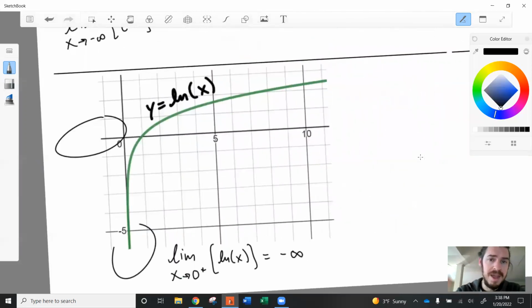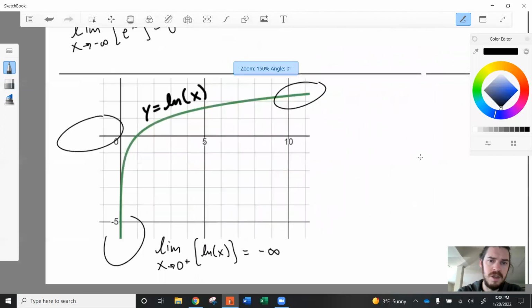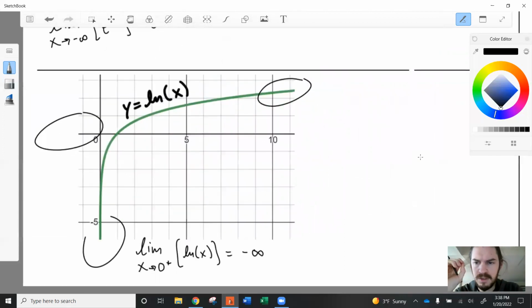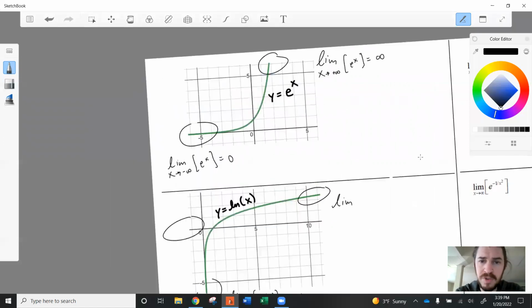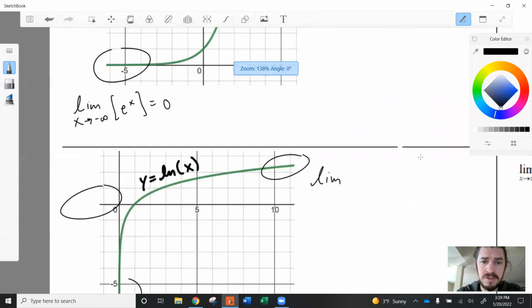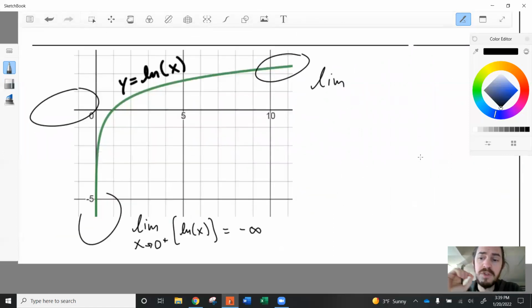And then the other end behavior would be over here. And this one is a bit deceptive, perhaps. It looks perhaps like there is a horizontal asymptote here, but there is not. If exponential functions are one of the fastest growing functions, a logarithm is one of the slowest growing functions. Makes sense, being inverses, right?